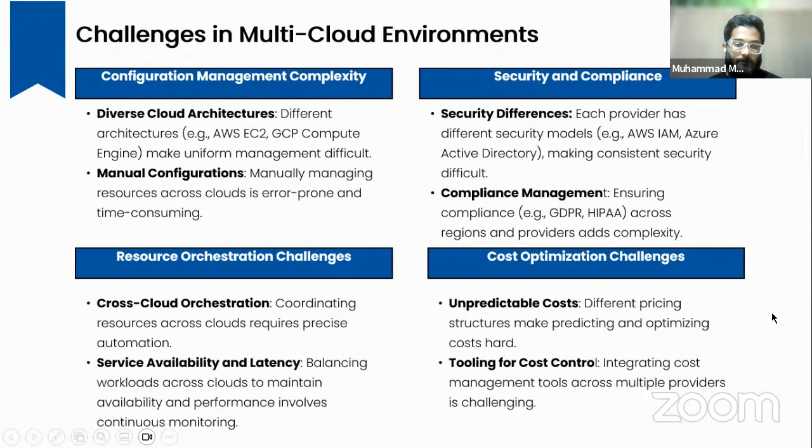Then the cost optimization challenge: unpredictable cost and different pricing structures make predicting and optimizing cost hard. For tools for cost control, integrating cost management tools across multiple providers is a challenging task.